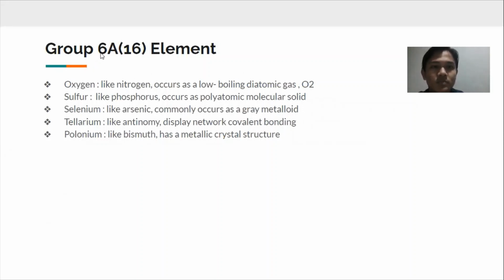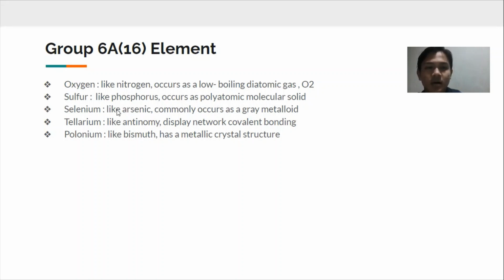And the group 6A, which is the group 16 elements, consists of oxygen, sulfur, selenium, tellurium, and polonium. Oxygen is most like nitrogen, where it occurs as a low boiling diatomic gas. And sulfur is most like phosphorus, where it occurs as a polyatomic molecular solid.